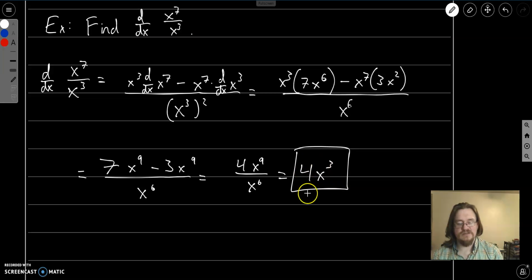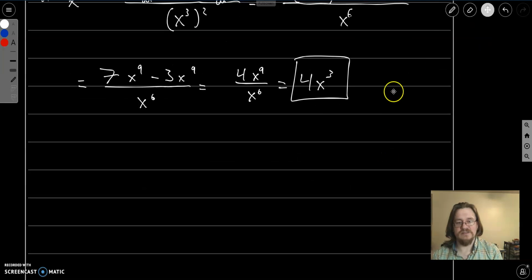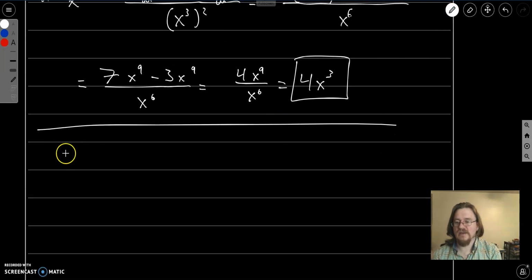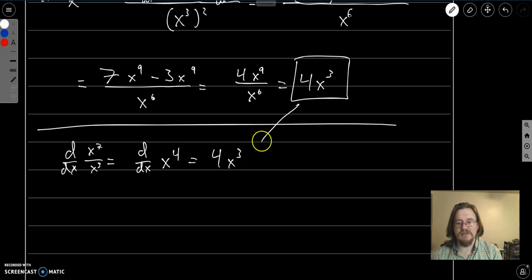Well, that's all well and good, but maybe you saw right away x to the 7th divided by x to the 3rd should just be x to the 4th power. So let's find the derivative that way. This is just the derivative of x to the 4th power, which after I pull down the power and raise it to 1 fewer power, I get the same thing.